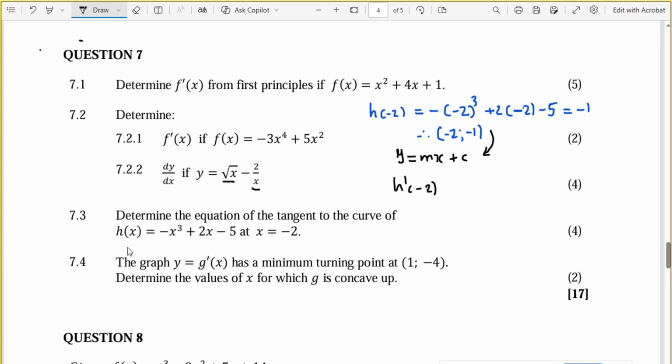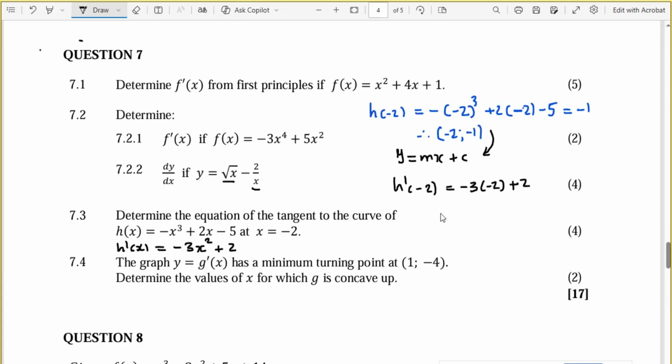So the derivative h prime at x will be equal to -3x squared, then plus 2. So that is the derivative. Now on the derivative, to find the gradient, where there's x, we need to put in -2.